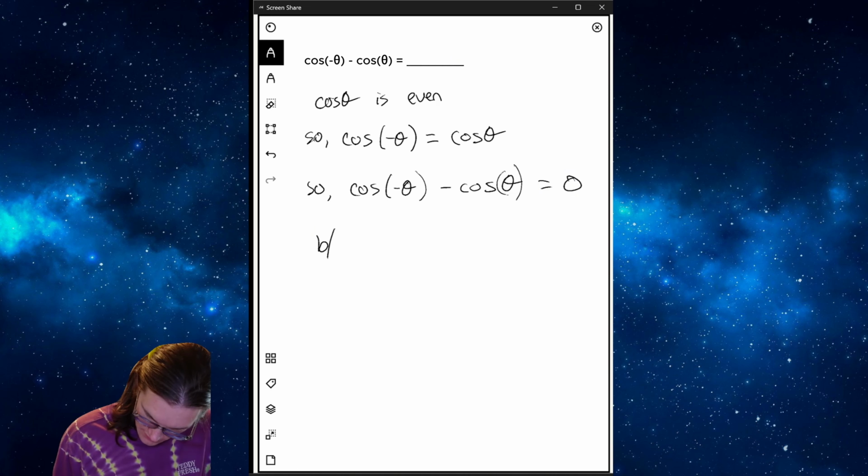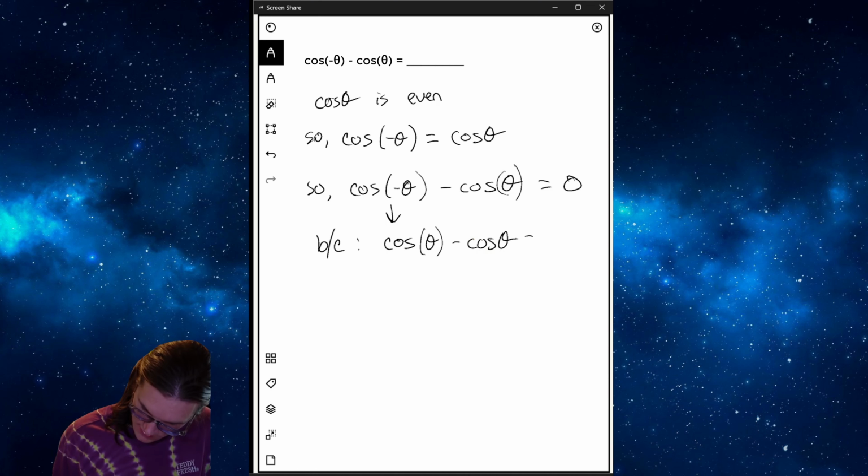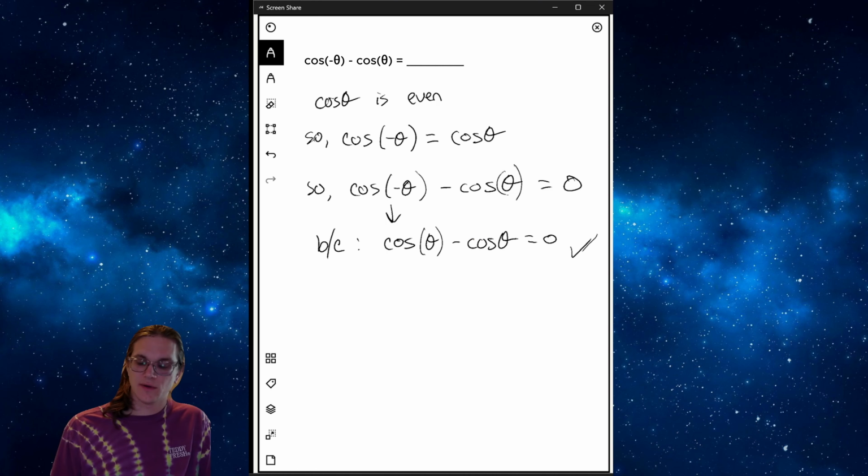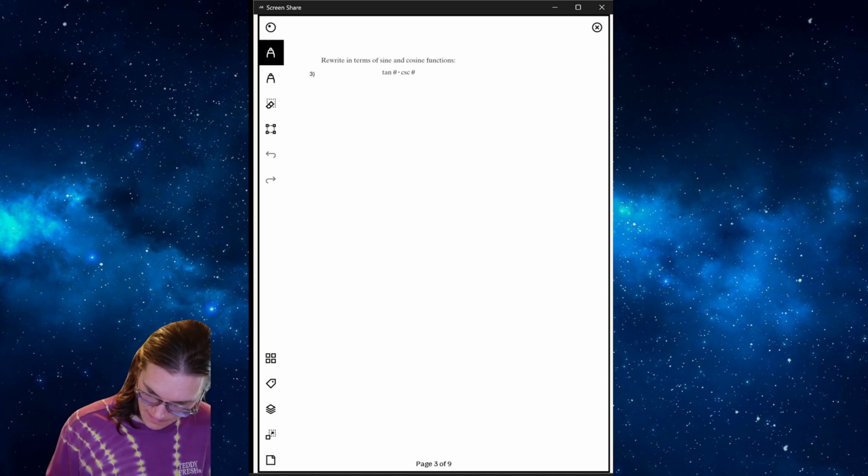Why? Because cosine of negative theta is the same as cosine of theta. Cosine of theta minus cosine of theta equals 0. Done. Easy one. That comes from our even-odd identities. The fact that cosine is even and sine is odd. Tangent is also odd.